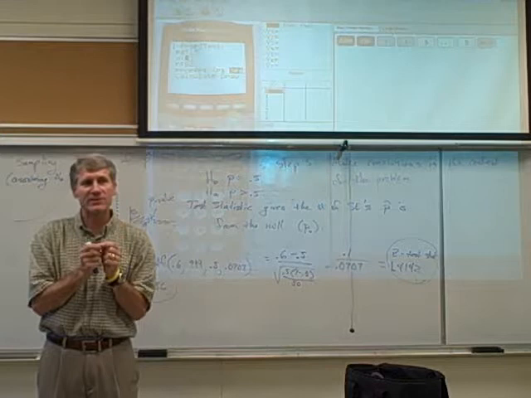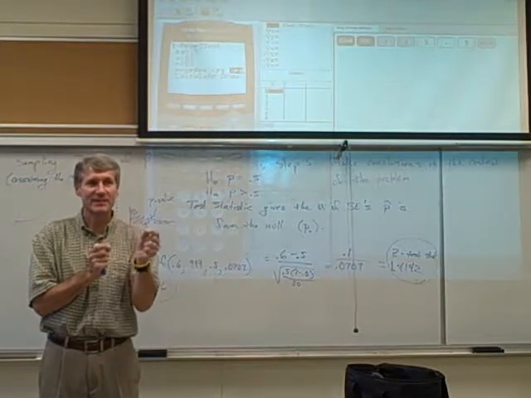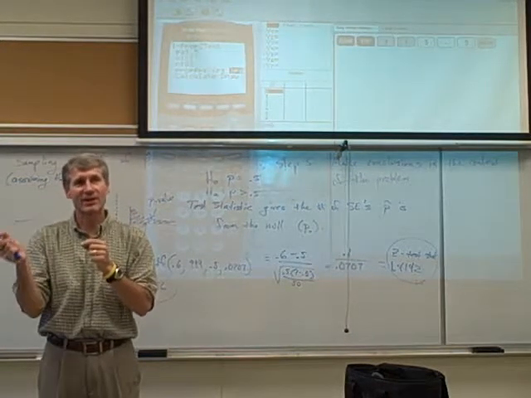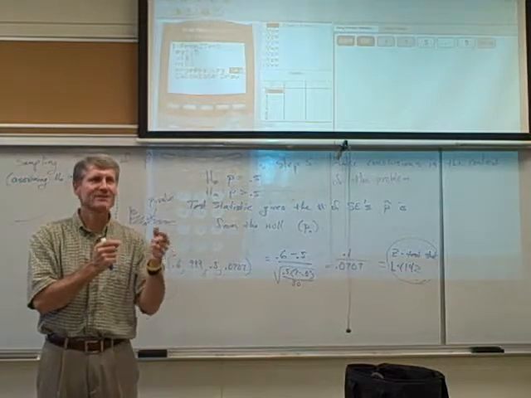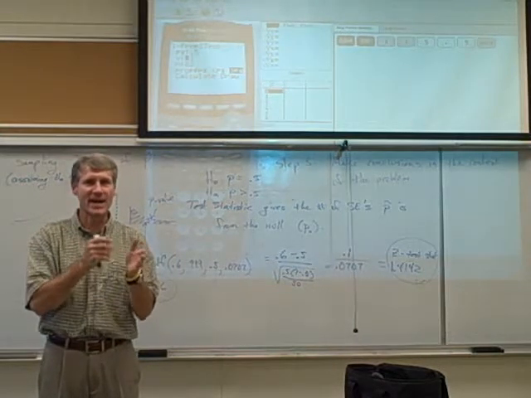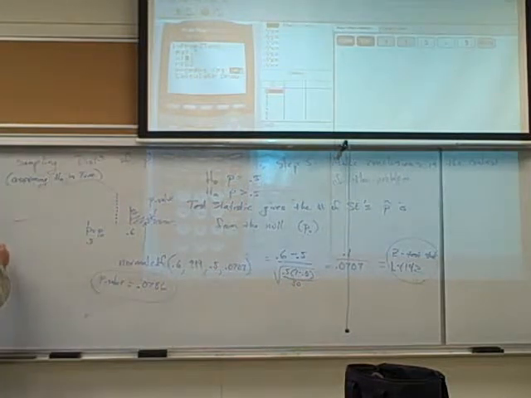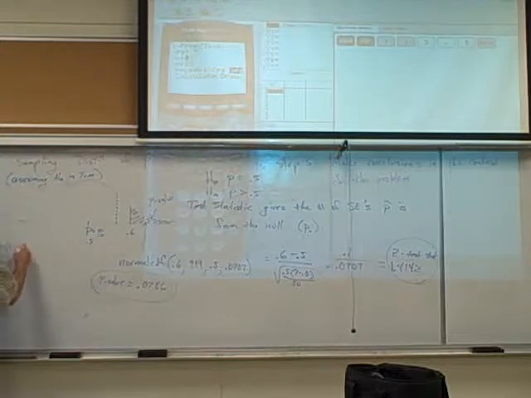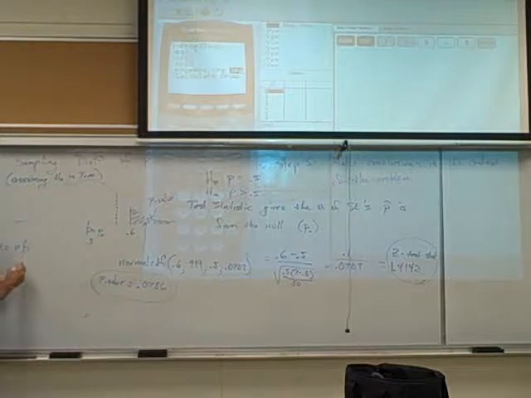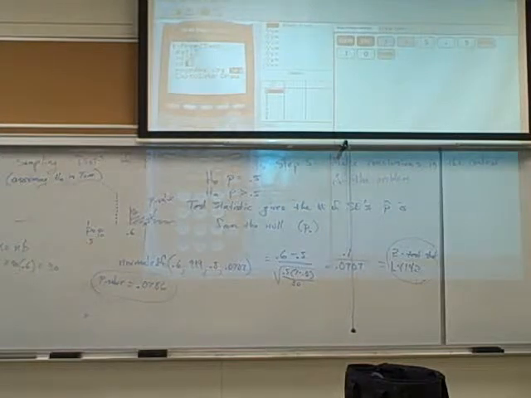So we had 50 trials, so how many out of 50? 30, right? 30 out of 50 is 0.6. But how you get that if you don't do it in your head, X equals N P hat, right? So P hat was 0.6, N was 50, so that's equal to 30. So enter 30 for X, and then N is 50.